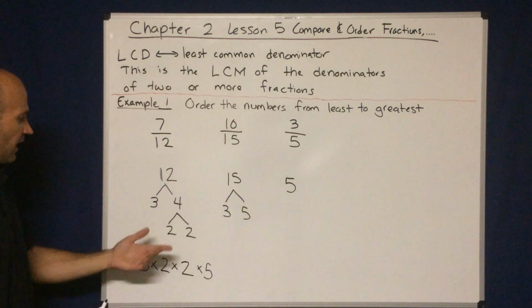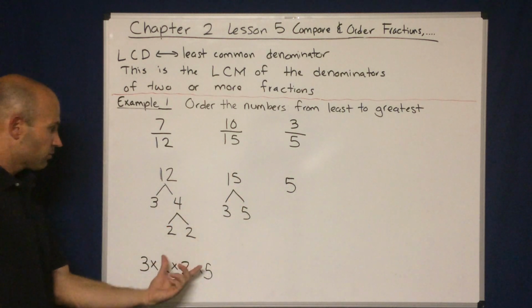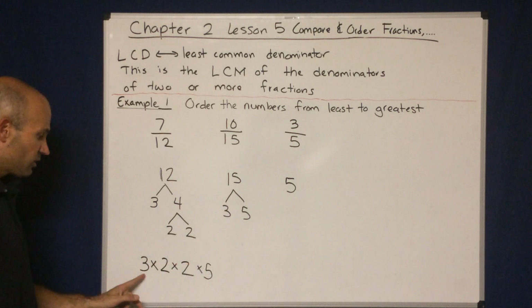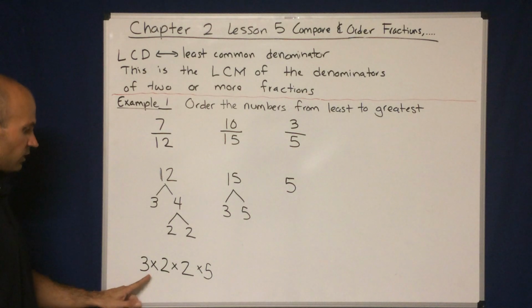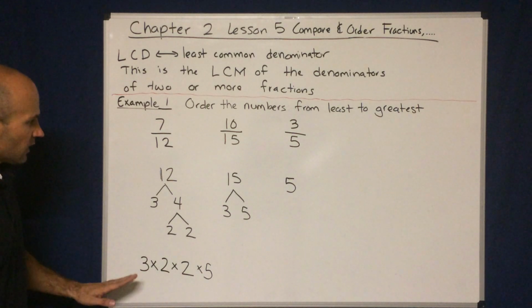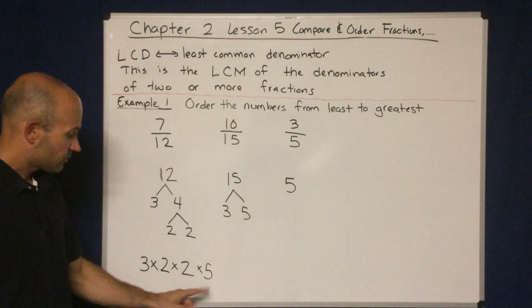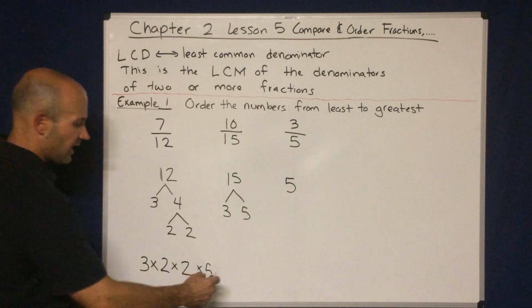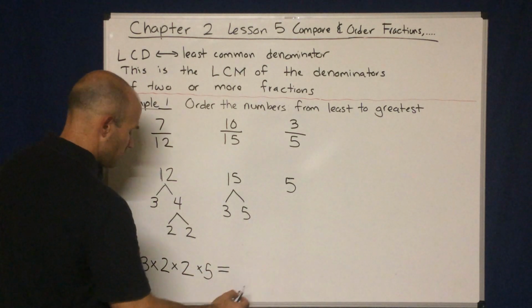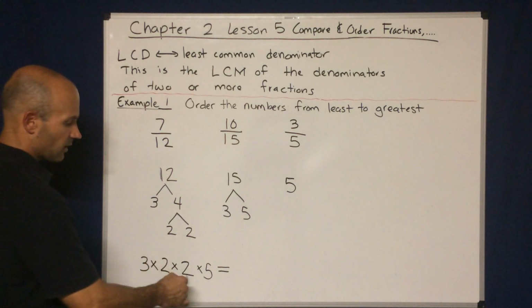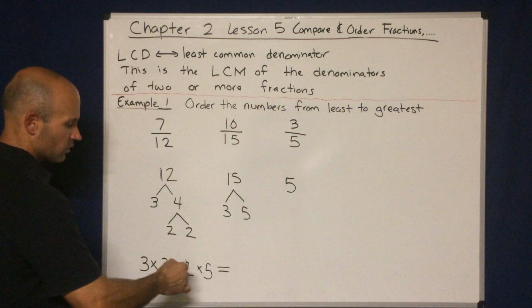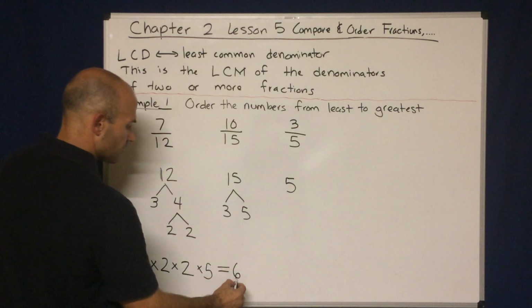If I pick any one out and just check, do I have primes corresponding to our 3 and 5? And we do. Do I have primes corresponding to my 3, 2, and 2? Yep, 3, 2, and 2. And do I have a prime corresponding to 5? Yes. So I go ahead and multiply this out, and I'll do that quickly. It's okay if it takes you a little bit more time. 3 times 2 is 6. 6 times 2 is 12. 12 times 5 is 60.